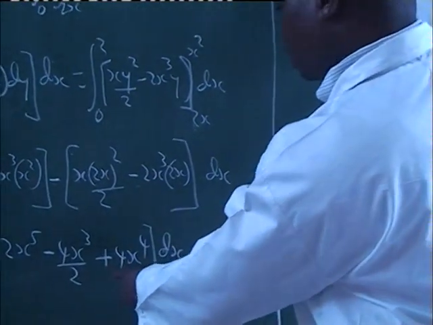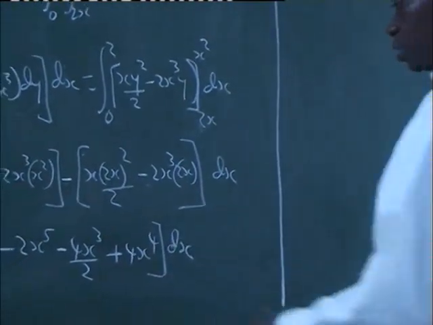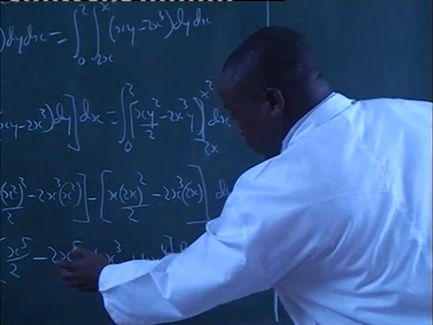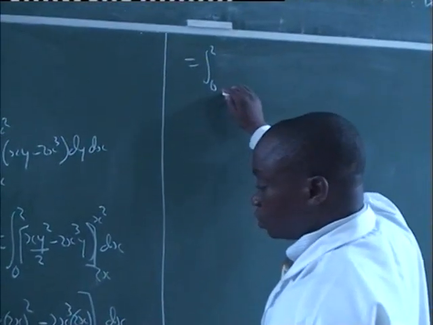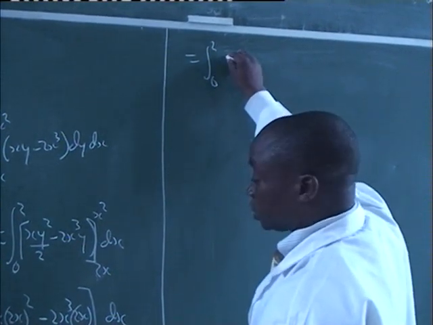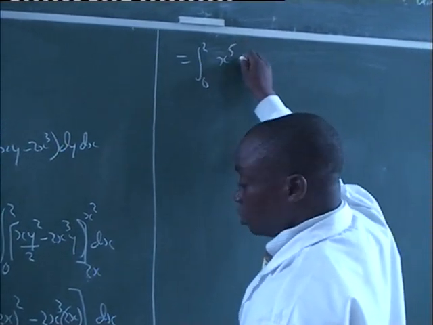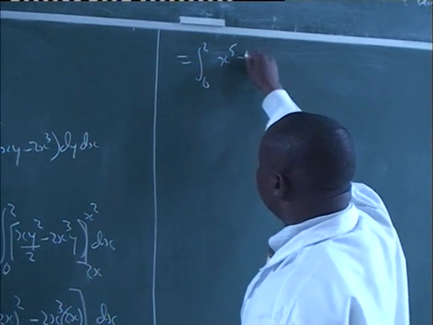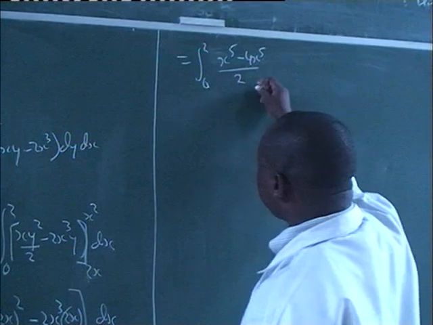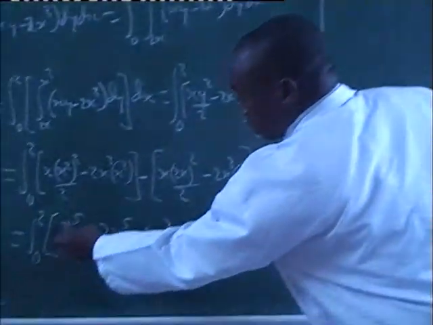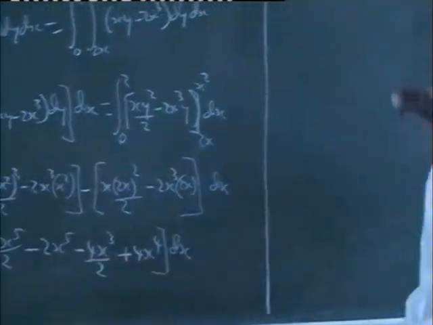Then when we look at this term here, we have x raised to the power 5 minus 4x raised to the power 5 over 2. I'm taking the LCM because they have the same power.